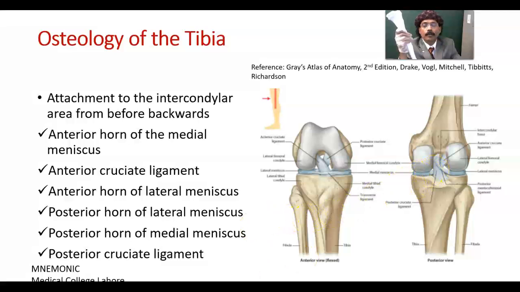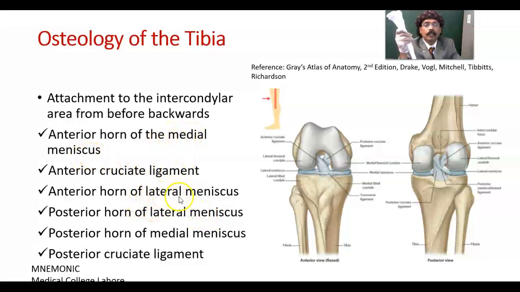So how can I remember? We have a mnemonic: Medical College Lahore, Lahore Medical College, or Lalmai Medical College. Medial meniscus, college cruciate ligament.